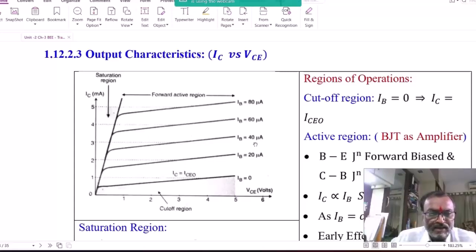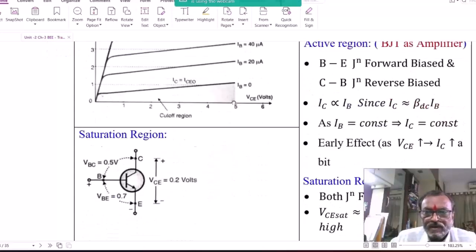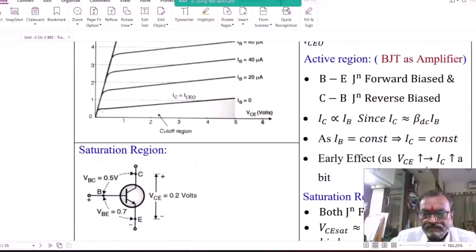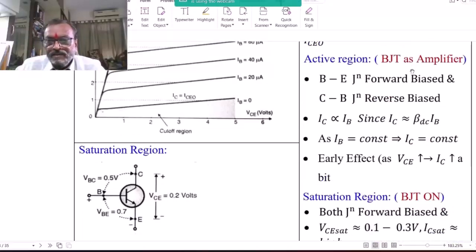There is a linear relationship between IC and IB, that is constant, and we denote it as current gain beta. Therefore, this region is also called linear region. In active region, we have seen BJT can act as an amplifier.